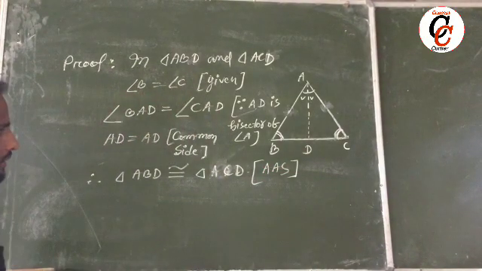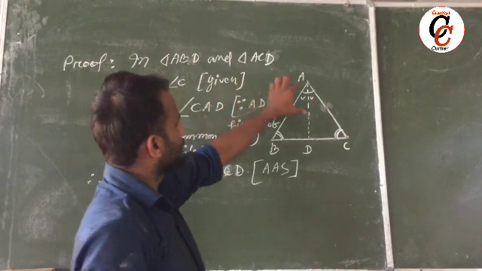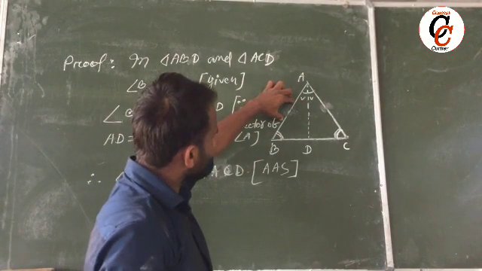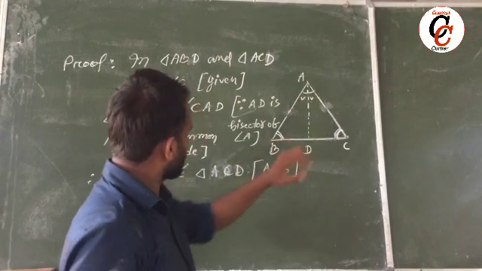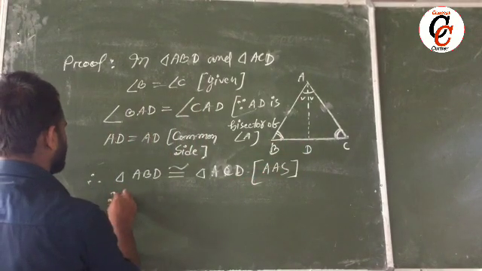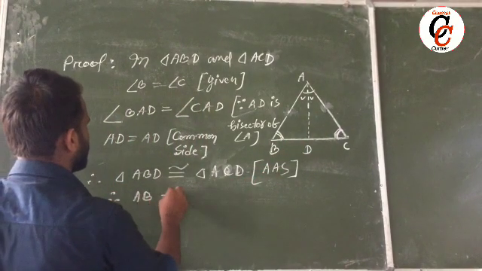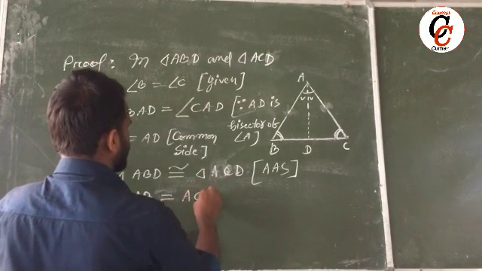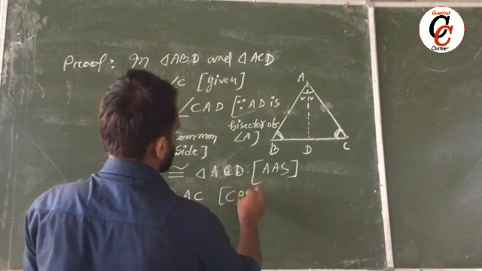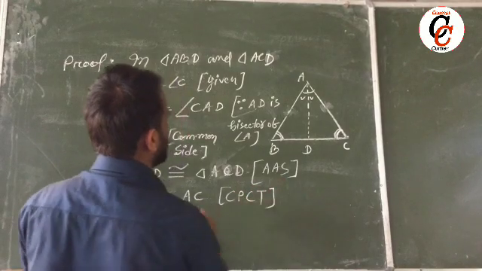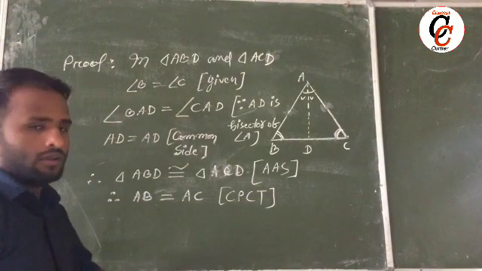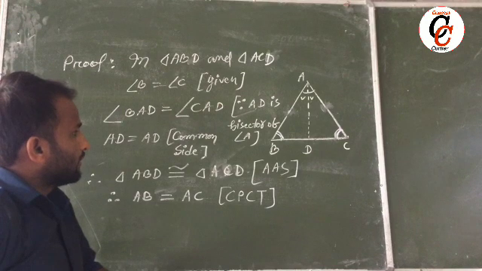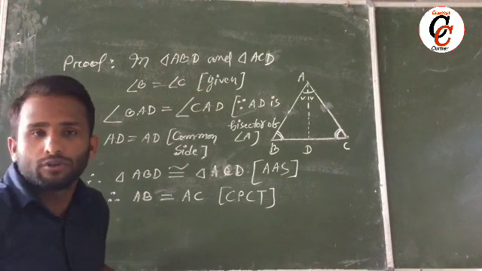Since they are congruent, we can say that these two sides are equal because AB is the corresponding part of AC. Therefore, AB is equal to AC, by corresponding parts of congruent triangles. So this is the solution of theorem 7.3.